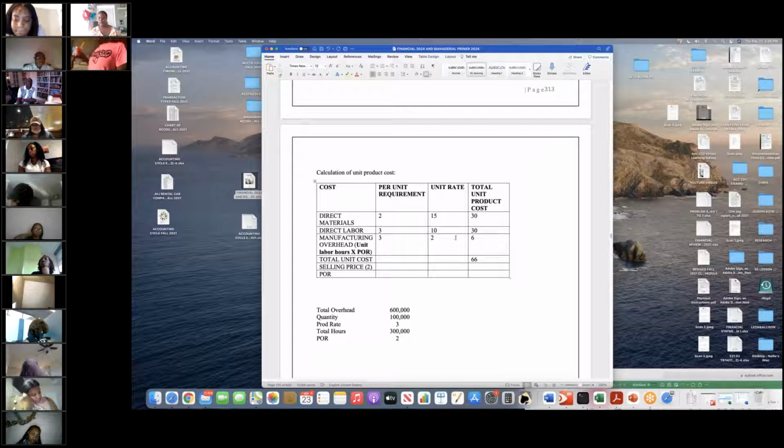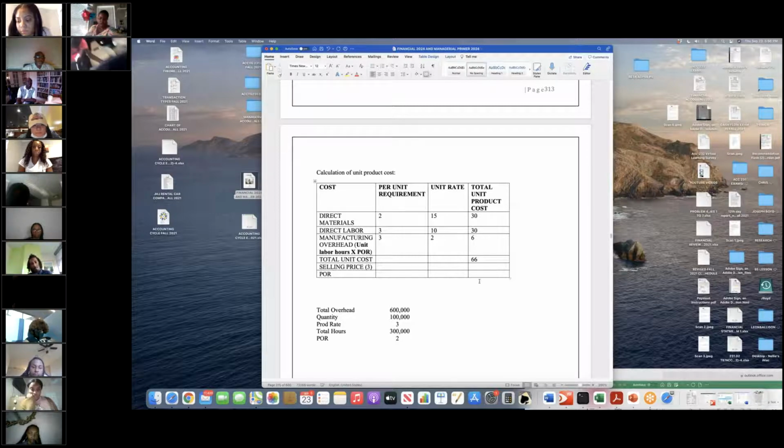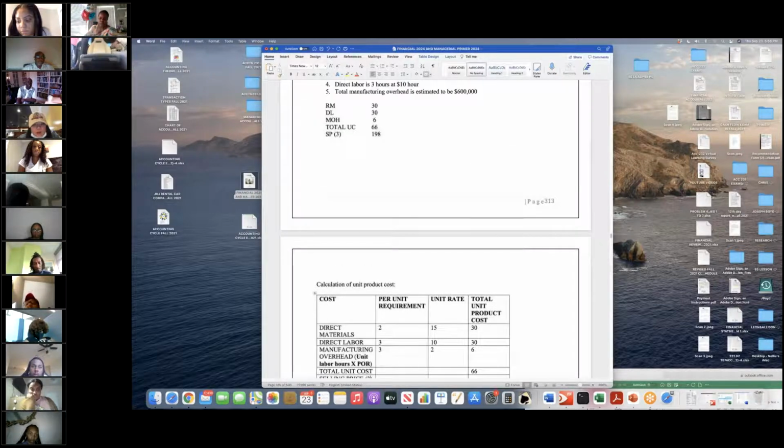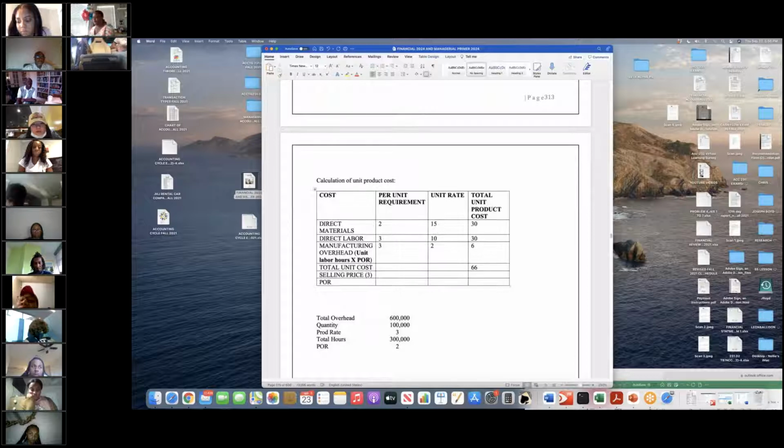But this is how we actually calculate that unit product cost. Move this back to 3. Then we multiply 3 times the 66, and we got what? 198. And the POR was 2.